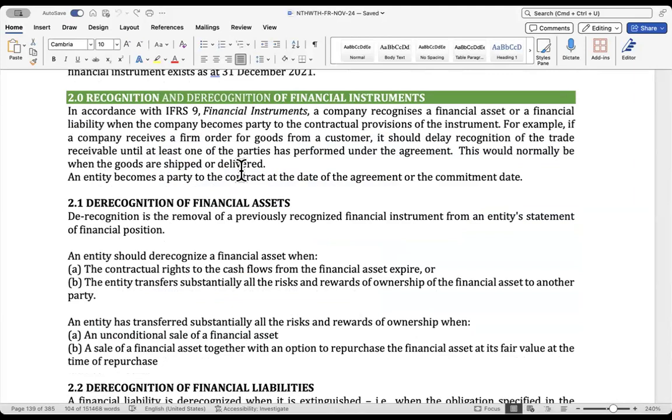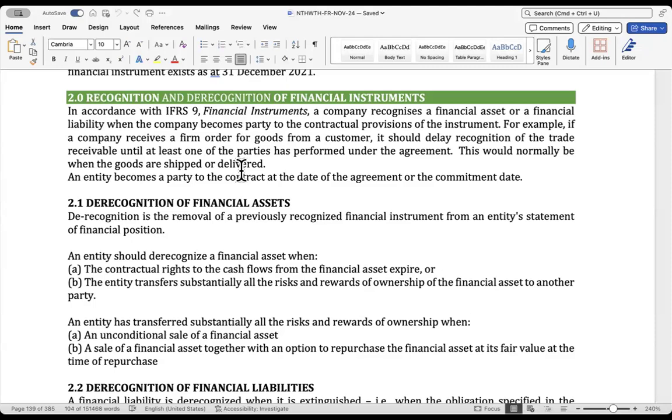For you to be able to see a transaction and identify whether that transaction is a financial asset, a financial liability, and even if a financial instrument contract exists, that is the most important thing for you at your level here. So when you have identified that, then that's when you can start thinking about recognition or derecognition.